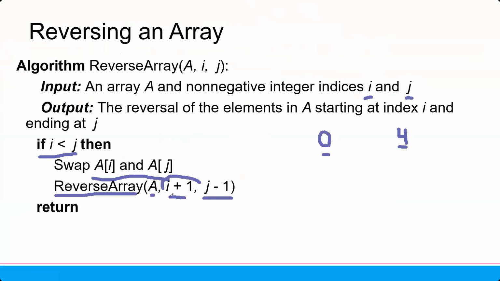And then we do the reverse array again by adding 1 and subtracting 1, which is 1 and 3. So we can swap between index 1 and index 3. Then this is plus 1, this is minus 1. Because I is not less than j, then stop the method.